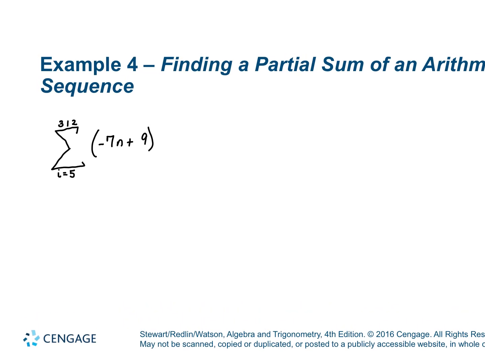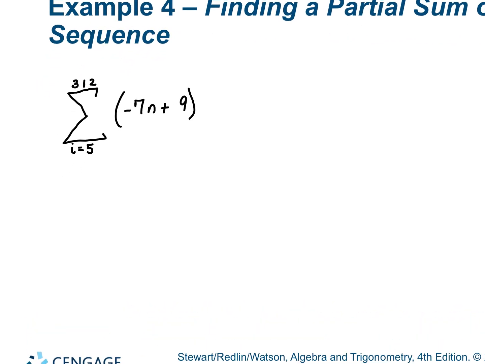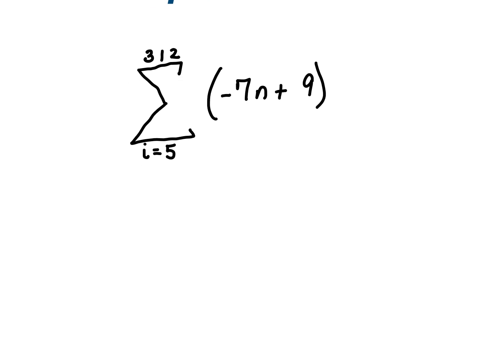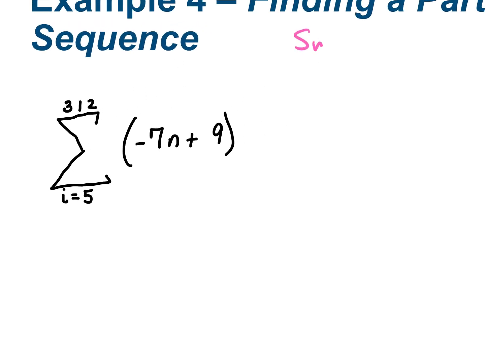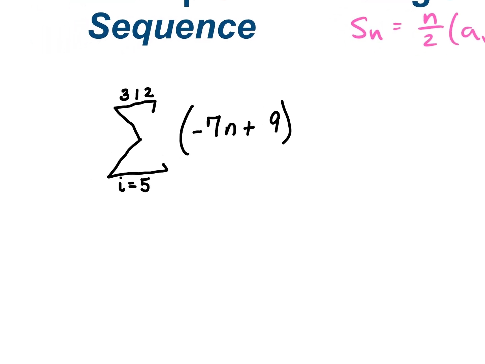So let's do example 4. It says find the partial sum of the arithmetic sequence. So our formula is S sub n is equal to n over 2 times a sub 1 plus a sub n. So we would need to figure out what our n is, how many terms we have, what our first term is, and what our last term is.